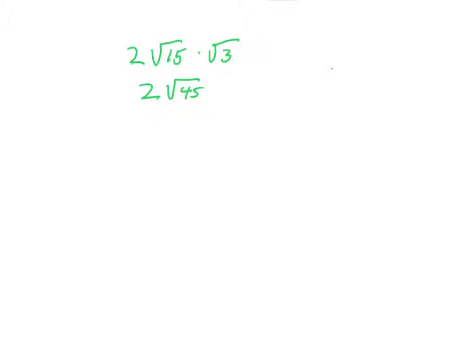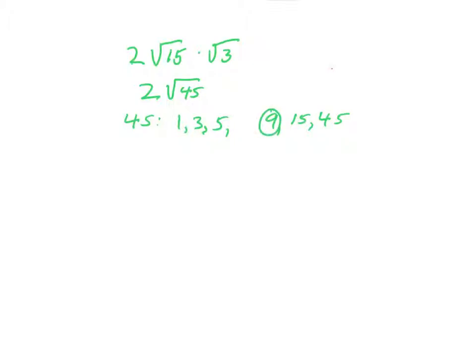And if we look at 45, we can think of factors of it. Let's see if we can simplify it. So 45 is going to be 1 and 45. It's going to be 3 and 15. We already got those. And then the next factor would be 5 and 9, with 9 being a perfect square.